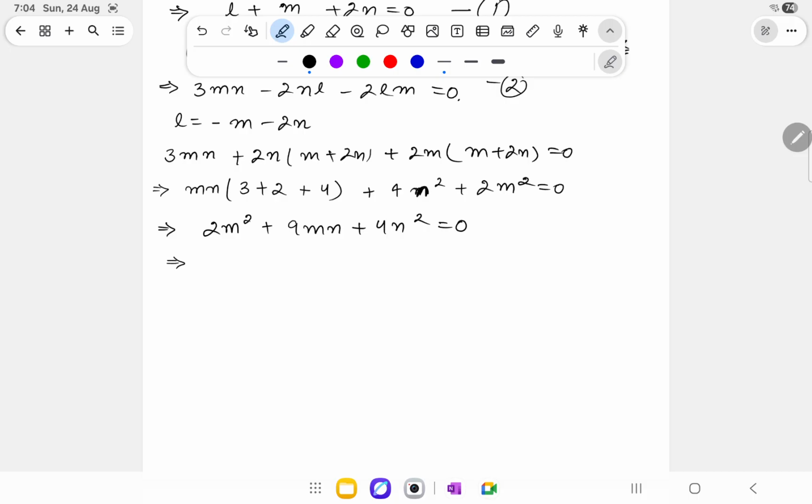So I got a relation in m and n, and I can just reduce it to a quadratic equation.